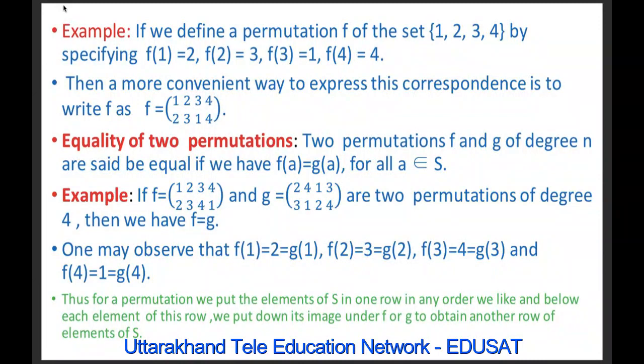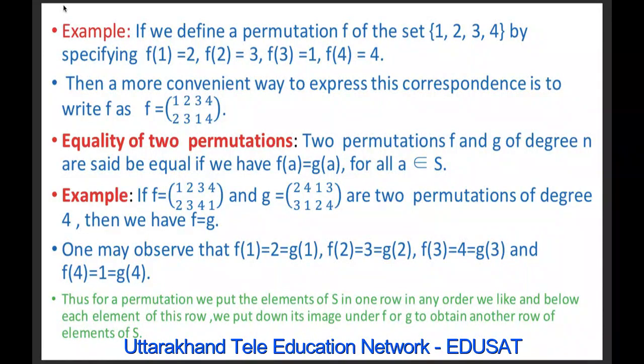We observe that the image of 1 under F is 2, and in G also the image of 1 under G is 2, because the element below 1 in G is also 2. So F(1) is equal to G(1). Similarly, the image of 2 under F is 3, and in G also the element below 2 is 3.